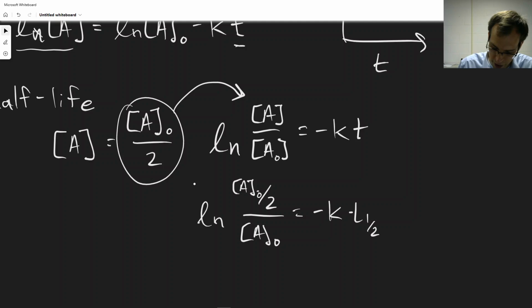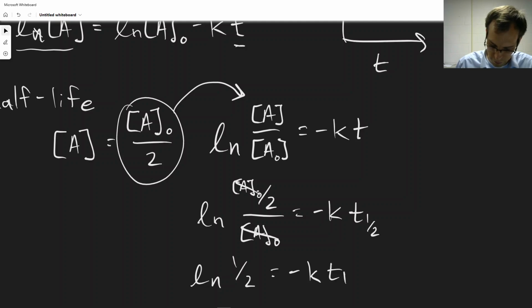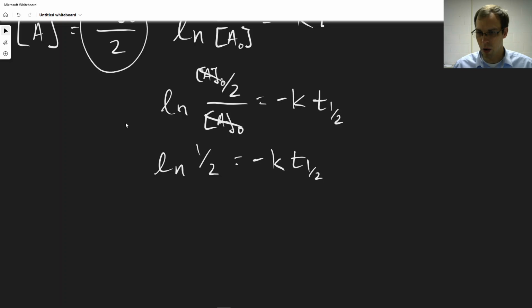We'll call this t 1/2, meaning it's the time at which we'll have half of our initial amount of substance, our initial reactant. These A naughts cancel, so we get the natural log of 1/2 is equal to minus k times t 1/2, and then we can solve for t 1/2.